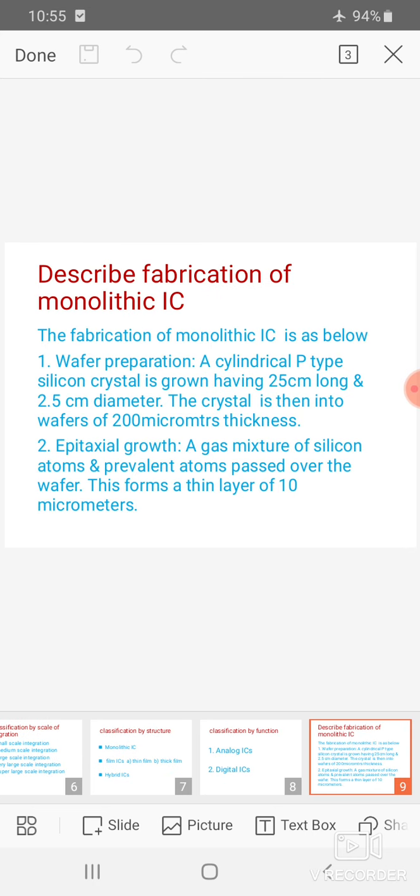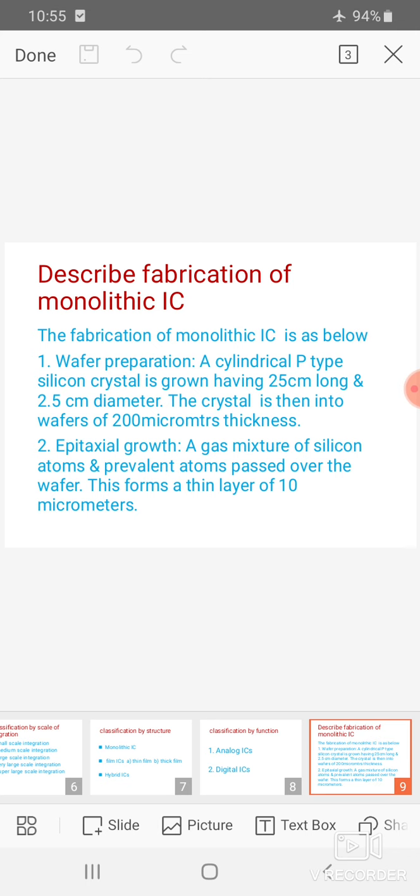Now coming to how the components are fabricated on a monolithic IC. The method to fabricate the components on the monolithic IC is as below. The first step in fabrication is wafer preparation.